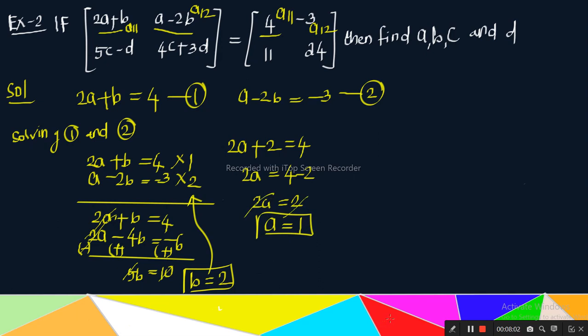Let me show you another method for solving this equation. As we have two constants, a and b, I'll write 1 here. First, we need to arrange the equations: 2a plus b minus 4 is equal to 0, and a minus 2b plus 3 is equal to 0.